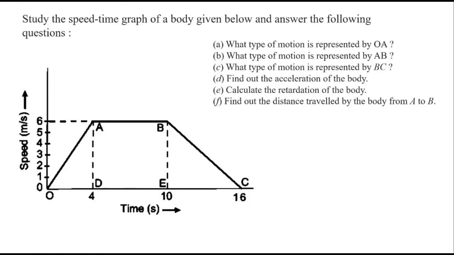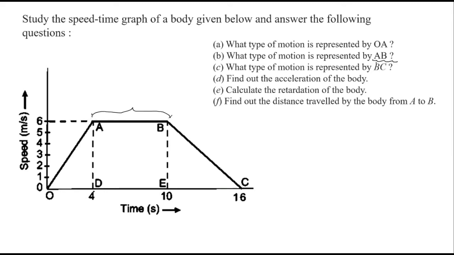We shall go for the next question, that is option B. What type of motion is represented by AB? This is the question. So AB is from here, A to B, right?